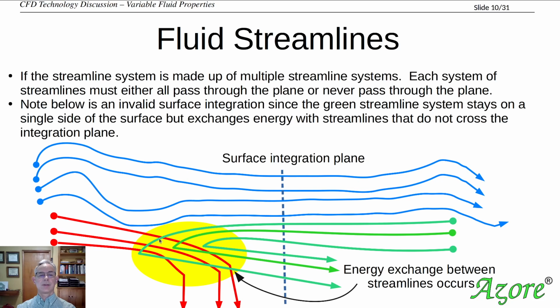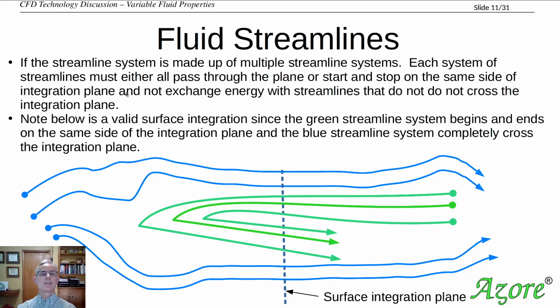But they do cross over, and then there is some energy exchange right here between the green path lines and the red ones. This invalidates the ability to fully define what the system is that's crossing this integration plane, and to use the surface integration method that was talked about before.